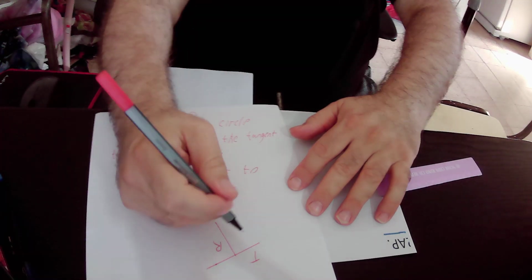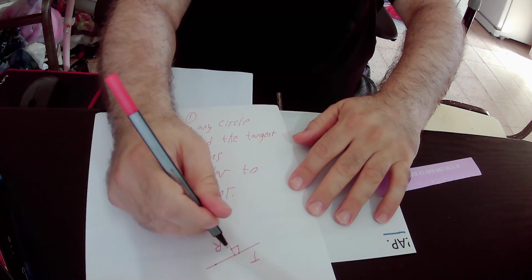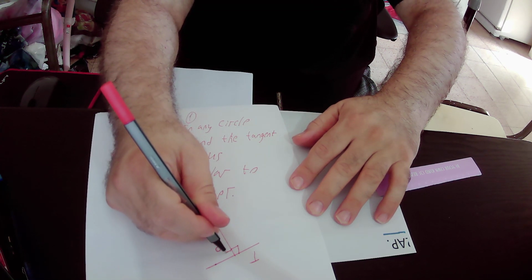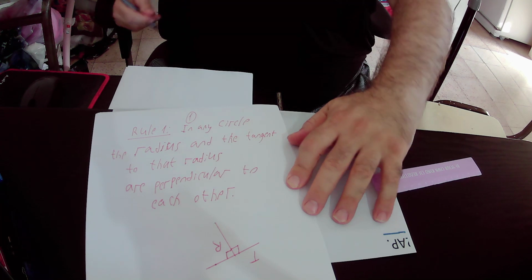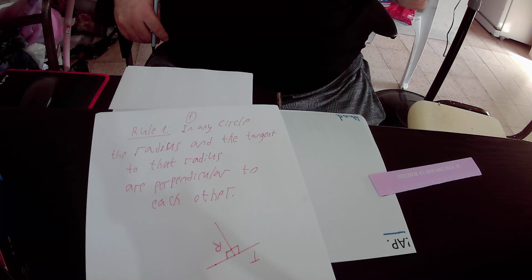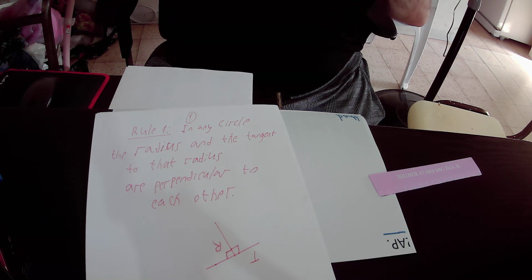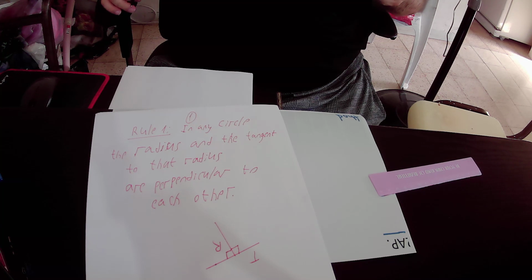That is to say, this angle equals 90 degrees, and also this angle equals 90 degrees. Okay? So it's true in any circle that a radius and the tangent to that radius are perpendicular to each other.